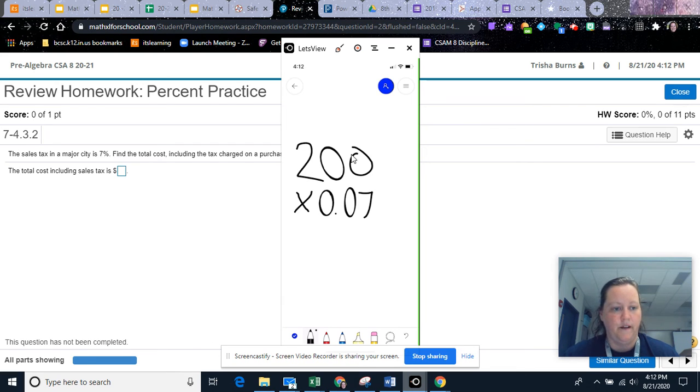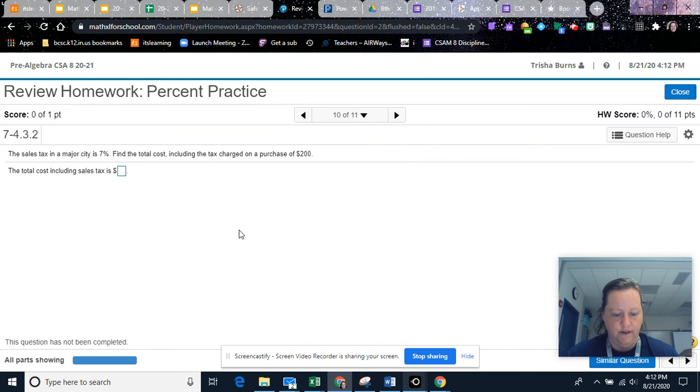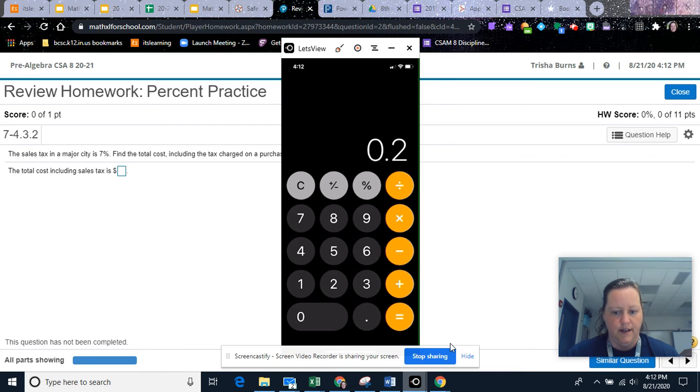You would change 7% to a decimal, so it becomes 0.07, and then you would type that in your calculator. So when I type that in my calculator, I get 200 times 0.07, which is $14. So sales tax would be $14.